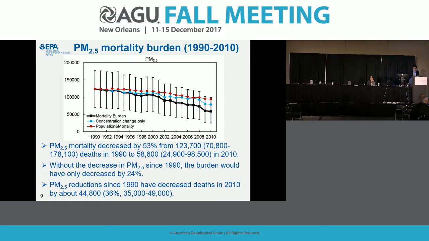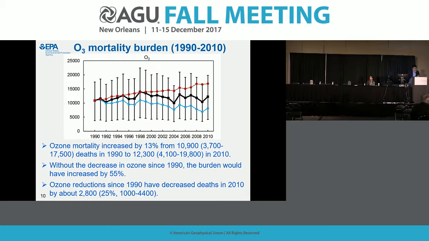As well, if we consider the PM2.5 changes only, without accounting for population and baseline mortality changes, we found that the PM reductions since 1990 could reduce deaths in 2010 by about 45,000 deaths. That's about 36% of the total.